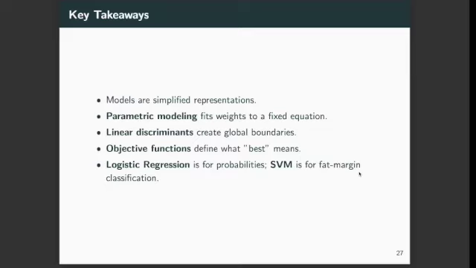Parametric modeling is a model that fits weights to a fixed equation, linear discriminants create global boundaries, and objective functions define what best would mean. And remember, logistic regression is for probabilities, and the support vector machine is for fat margin classification.